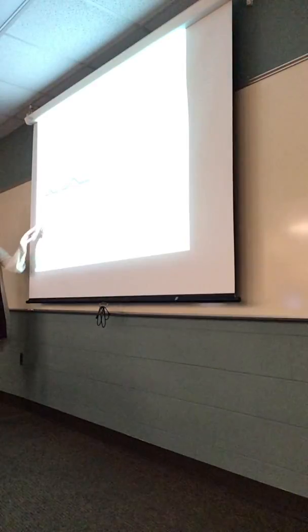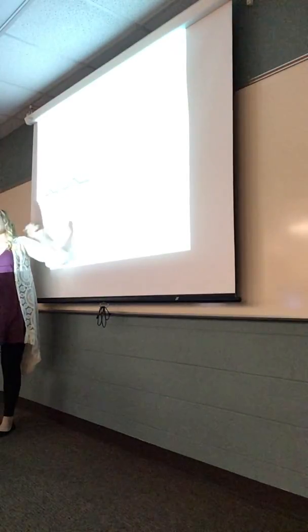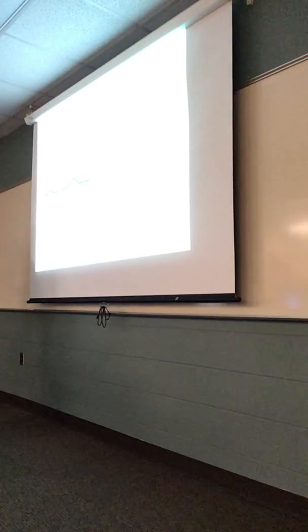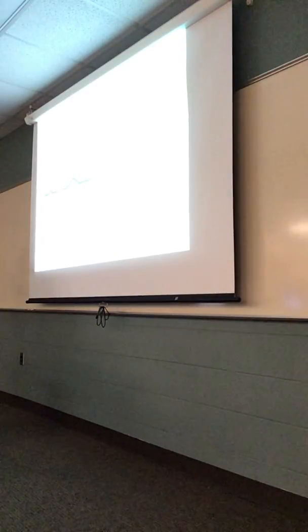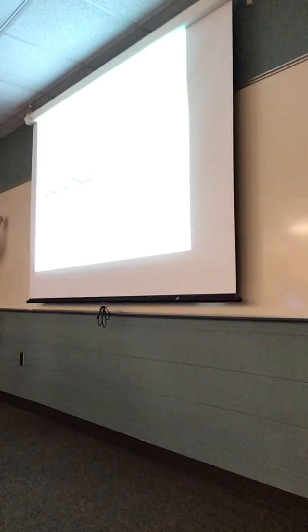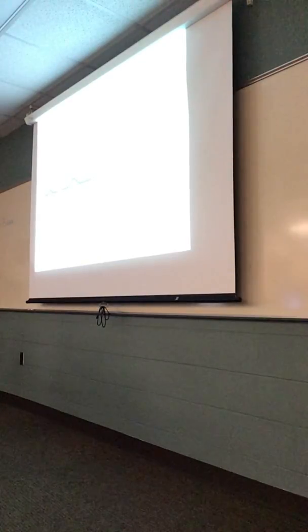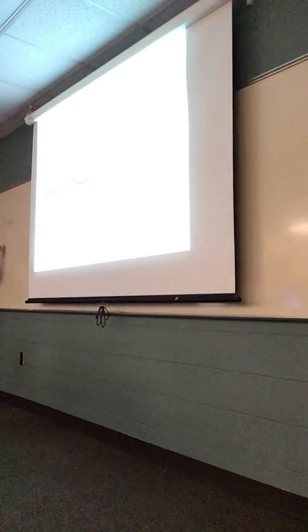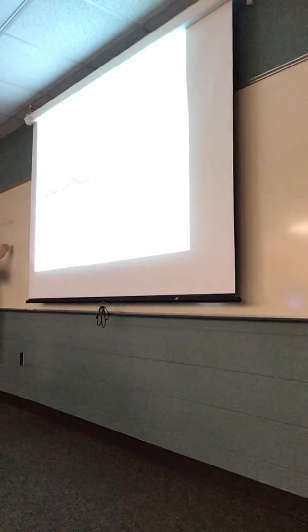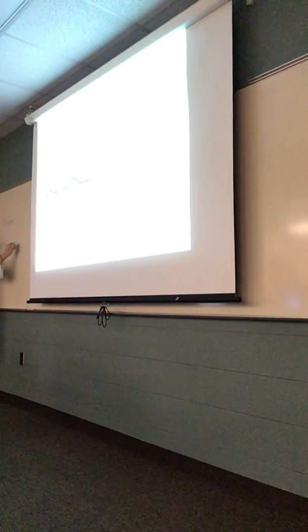Now this is showing an average cardiac cycle. We can do this in lab and you can find your average cardiac cycle, but an average cardiac cycle in somebody that has a normal heart rate, which is an average heart rate, we'll say, at 75 beats per minute, is going to have a cardiac cycle that is 0.8 seconds.